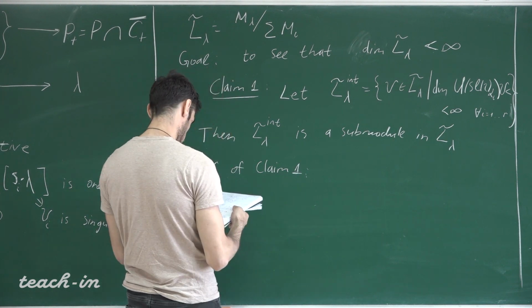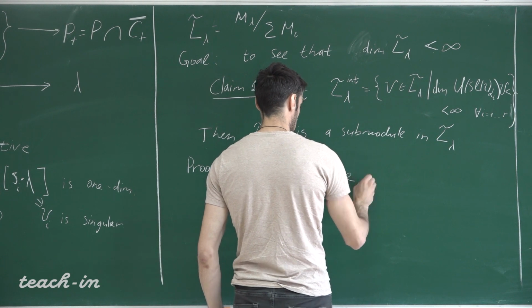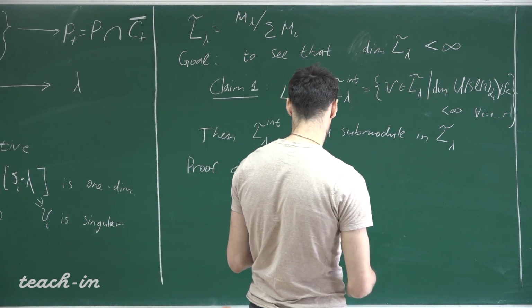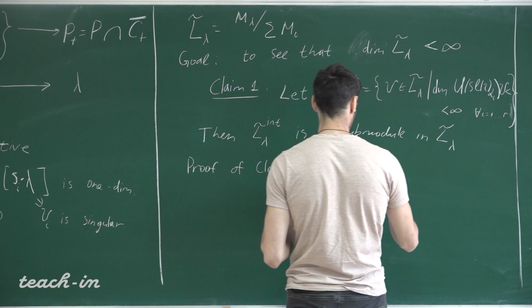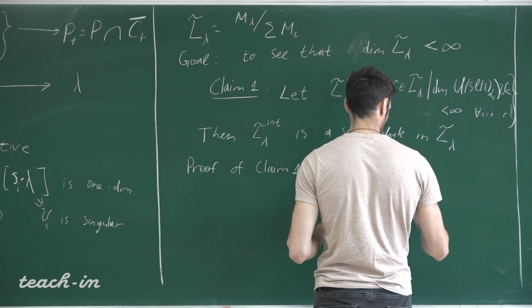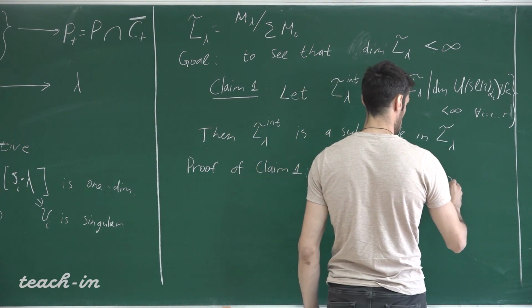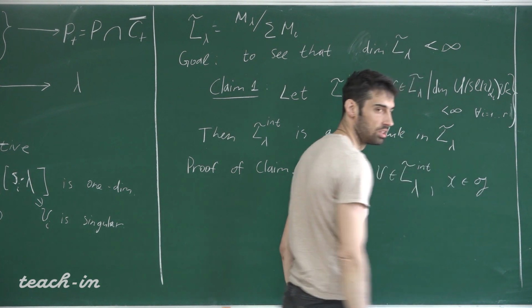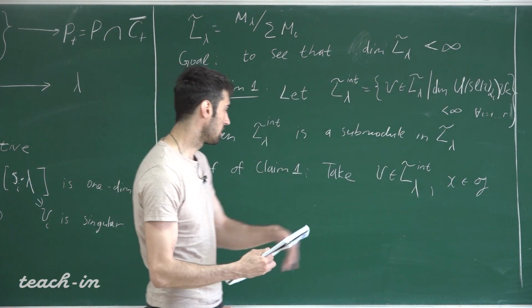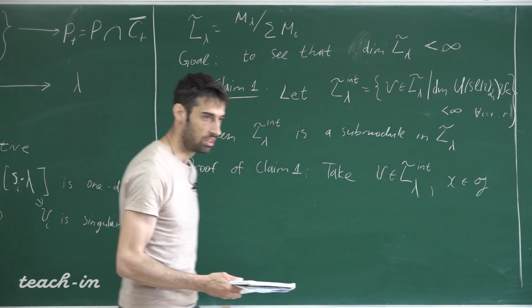Okay, so let us take a V from L tilde lambda integrable and X some element of G. I would like to see that if I act by X on V, I'm still in here.